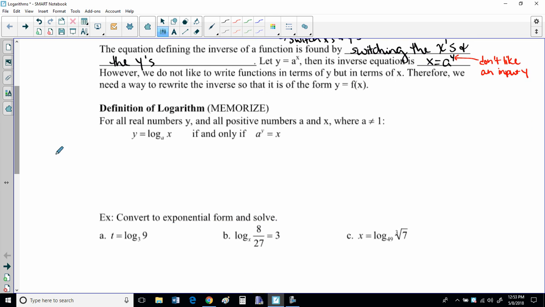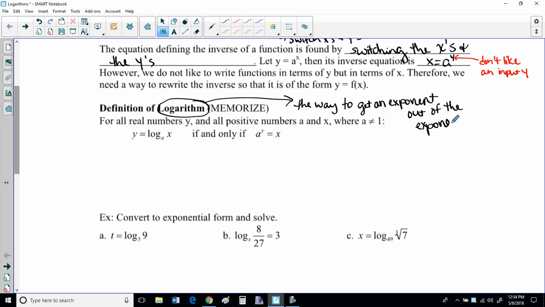So the definition of logarithm is just that it's a way to solve an exponent, to get an exponent out of the exponent. Okay? That is literally what it is. It is the way to get an exponent out of the exponent.